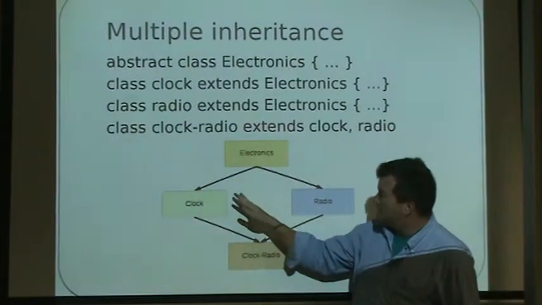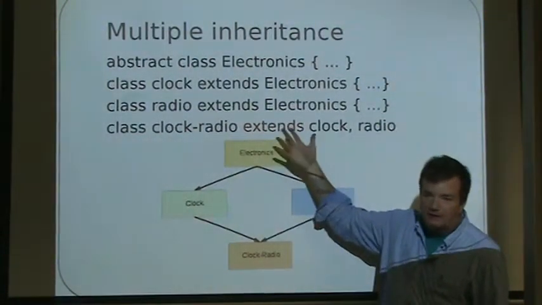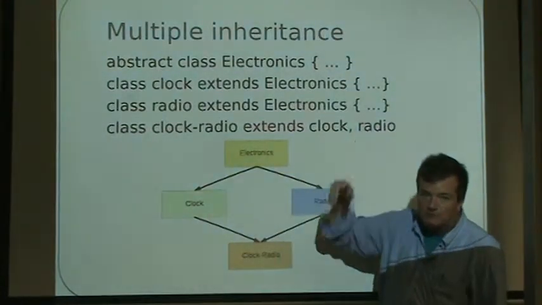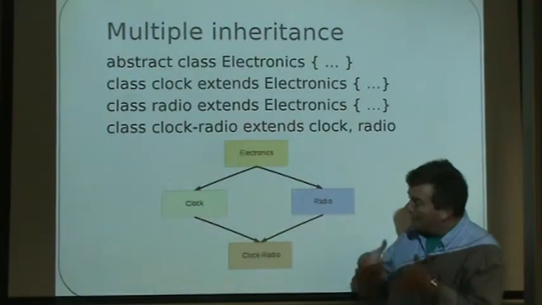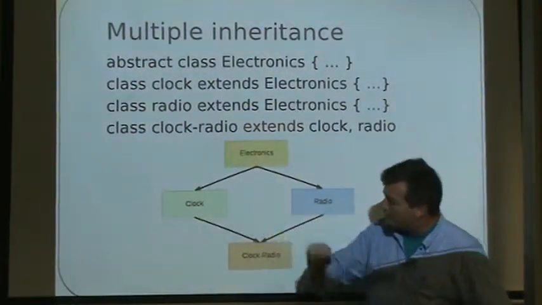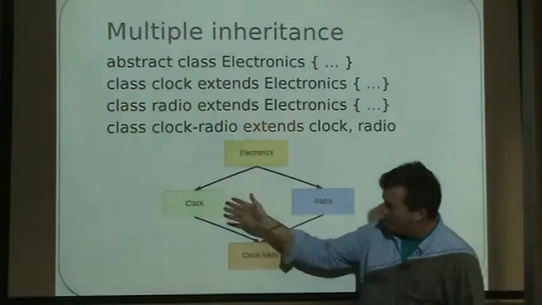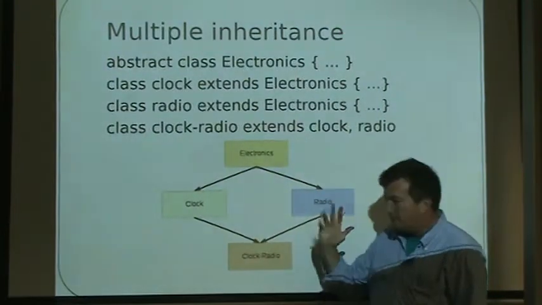So it might make sense for us to create an abstract class called electronics and store stuff in here like methods like power up. You plug it in and the thing turns on. What actually happens when it turns on, you would define in clock or radio. Maybe in a clock, when you power up a clock, it'll set the clock to some default time of day.